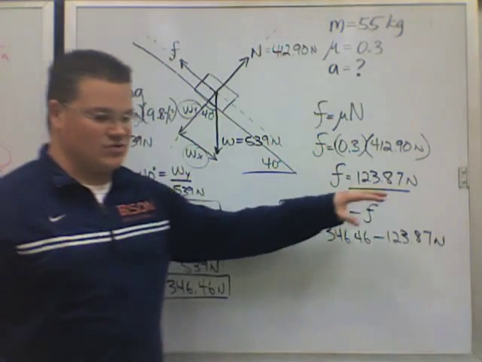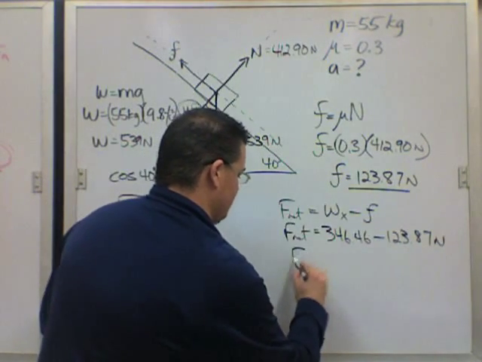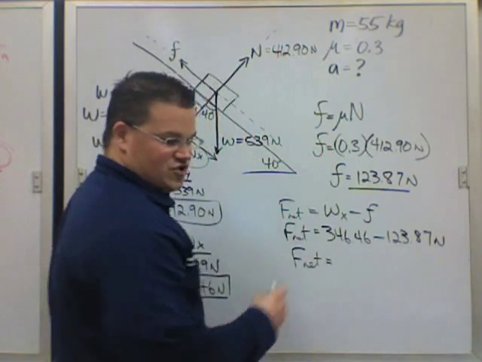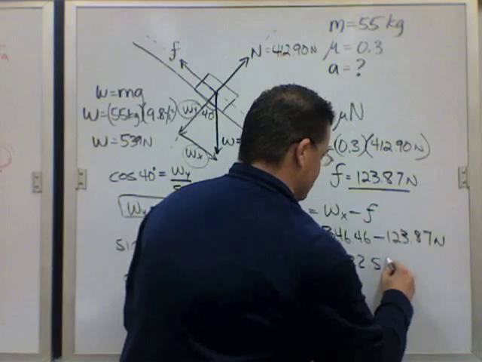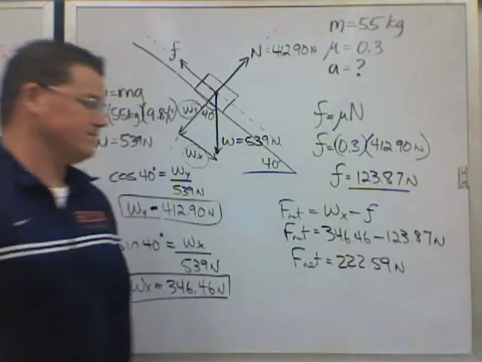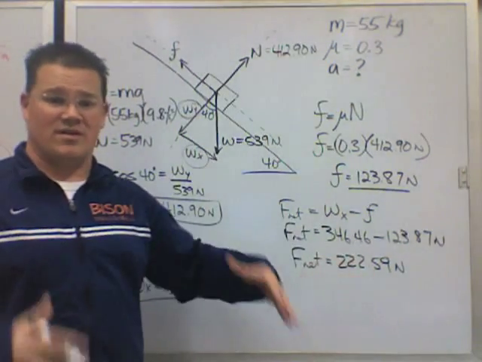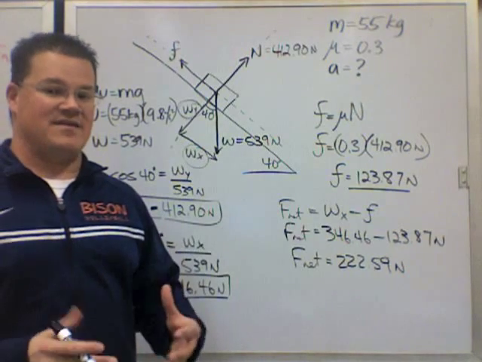When you subtract those two, you get an F net of 222.59 newtons. That right there is really one of the major goals of this problem, to find the net force.